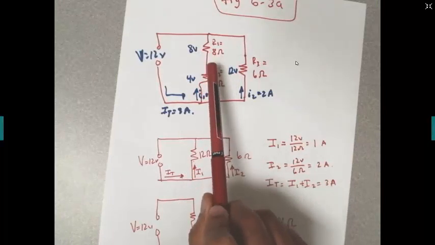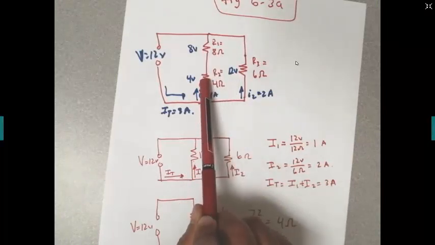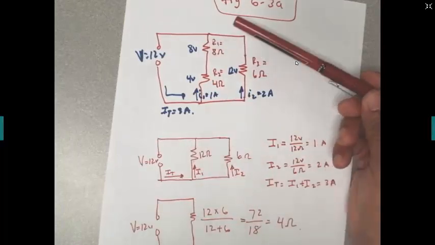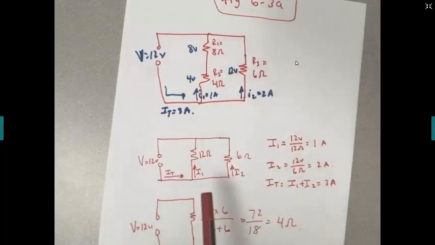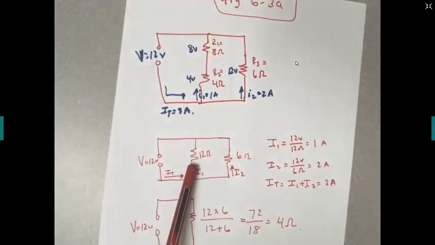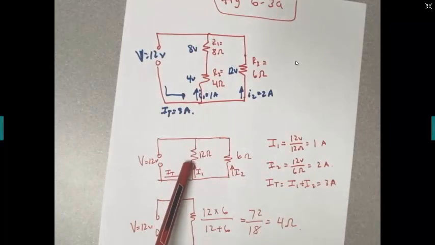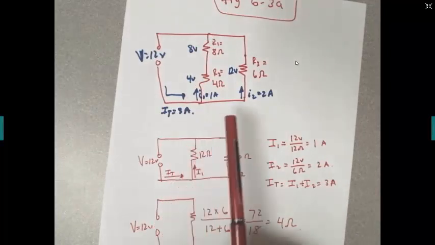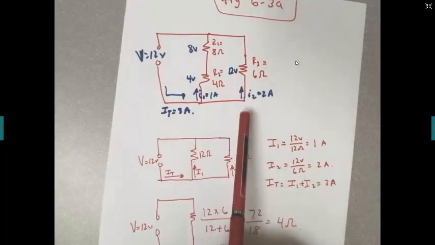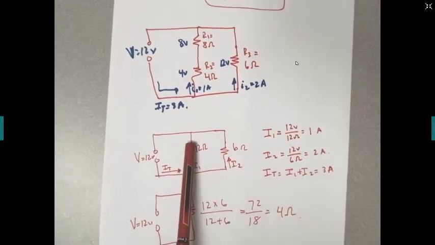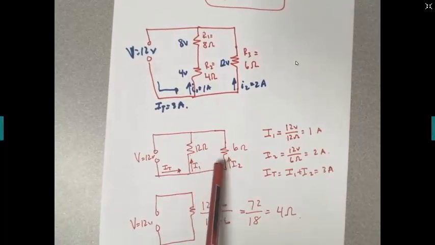Since we have two resistors in series, we need to add R1 plus R2, and that will be 8 plus 4 that equals 12 ohms. So this branch is the same as this one with 12 ohms. This one is only a single resistor, so we keep that for now. And now we have these two resistors connected in parallel.